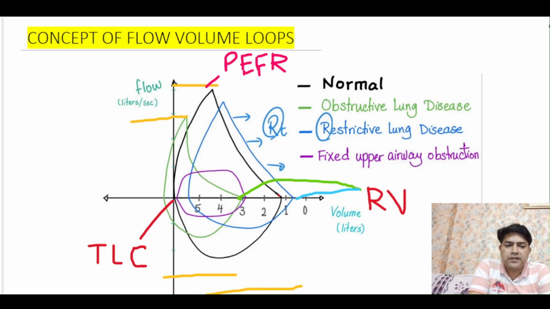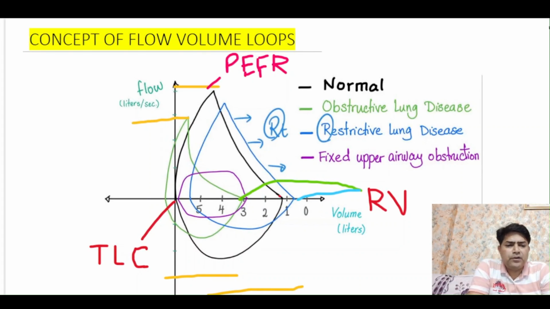The FEV1 is not decreasing, and so the ratio FEV1 by FVC can sometimes be increased in restrictive lung disease, which has often been asked in various entrance examinations. And it is given in the MCQs that FEV1 by FVC is increased. So the answer will be restrictive lung disease in that case.